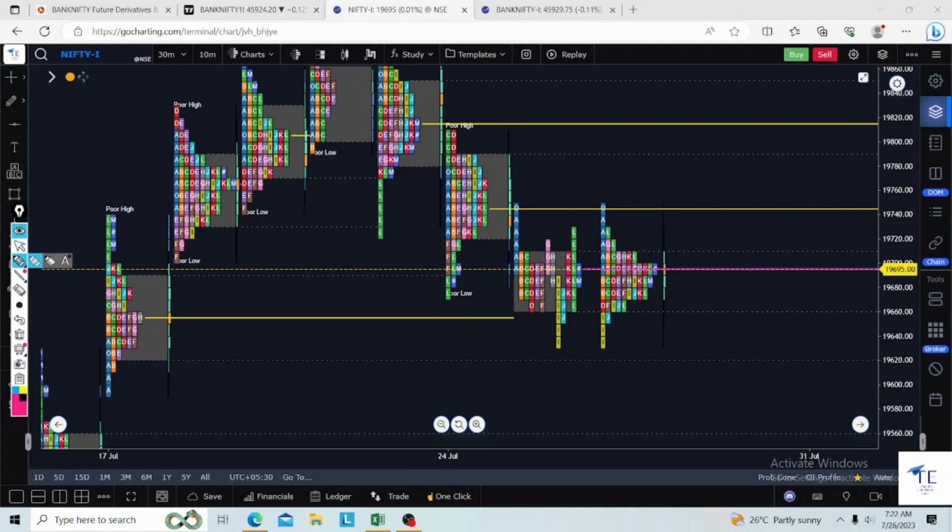Below this particular day low, the market did not go much down. Again below this particular low, the market was not ready to fall. If smart money or higher time frame players are selling, they won't take this type of reference. If they sell on the top, they can easily bring the market down.